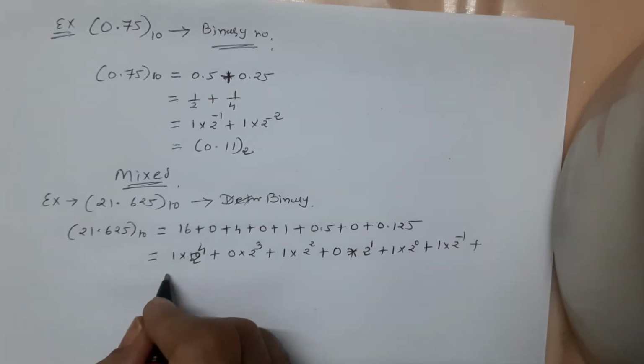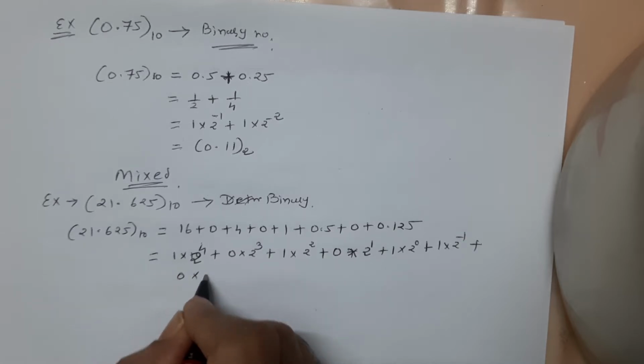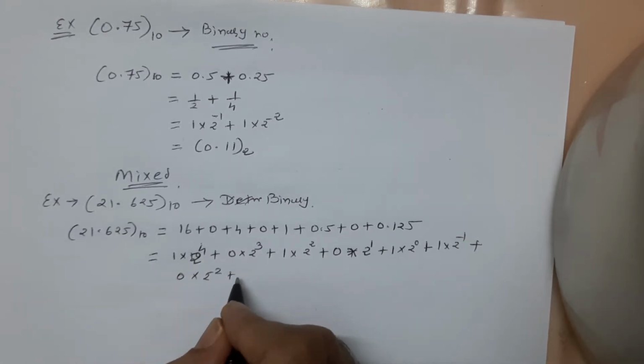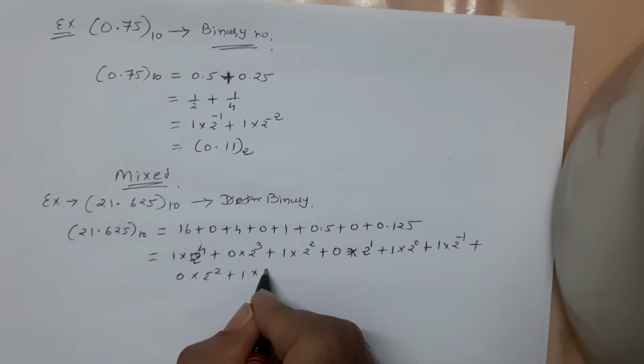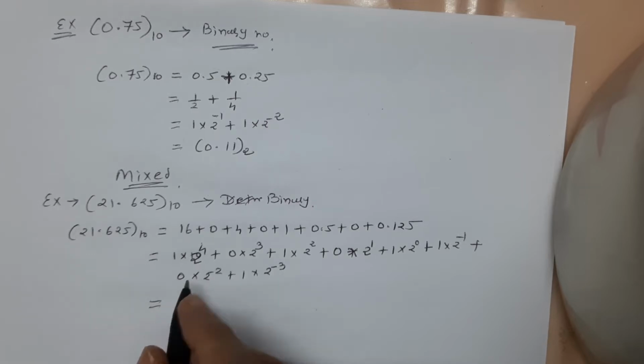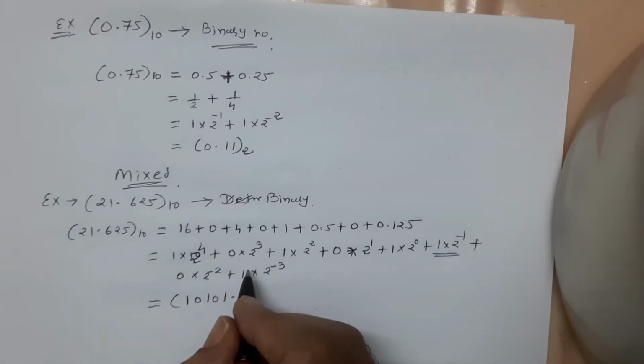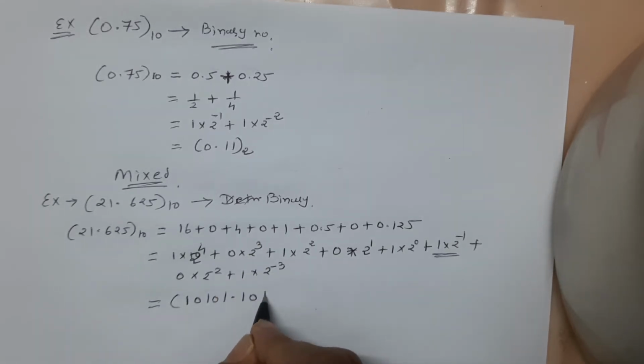Plus 0 into 2 raised to minus 2 plus 1 into 2 raised to minus 3. So in this way we get the number 10101.101. In this way we convert this into binary.